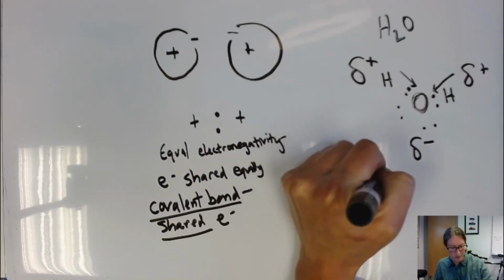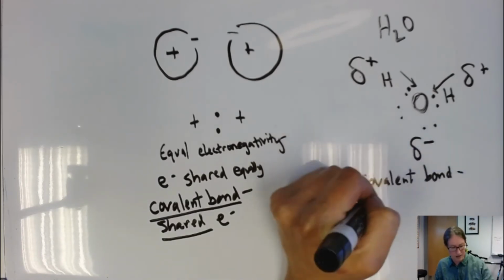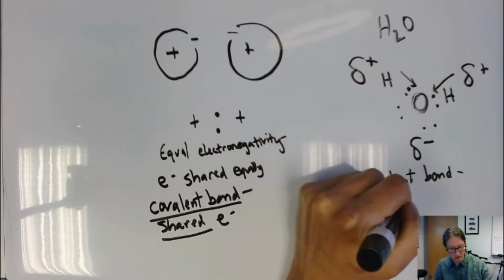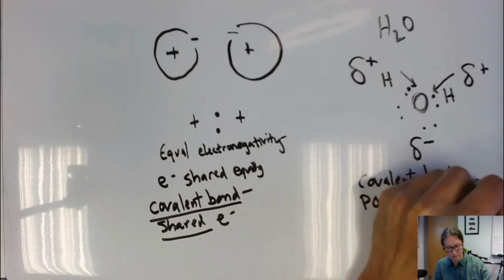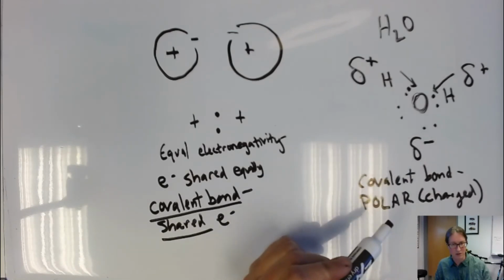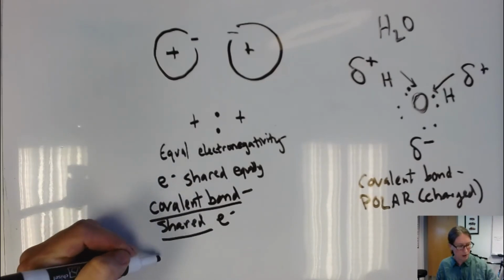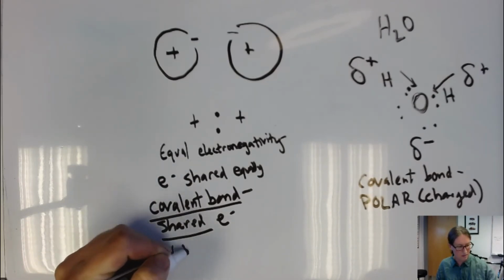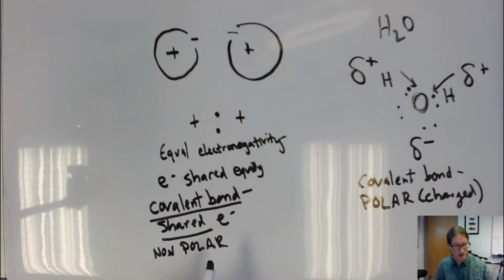So this is another example of a covalent bond, but it is polar or charged because the electrons are not evenly distributed around these 2 nuclei. So in contrast, over here what we've got is a covalent bond that is non-polar, since the electrons are shared equally in this case.